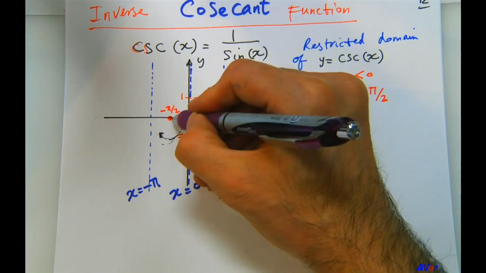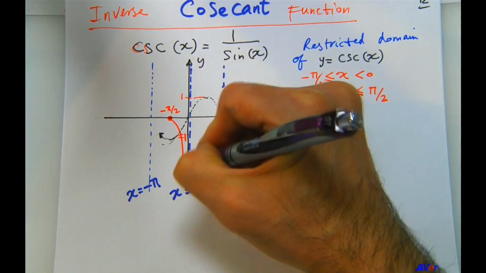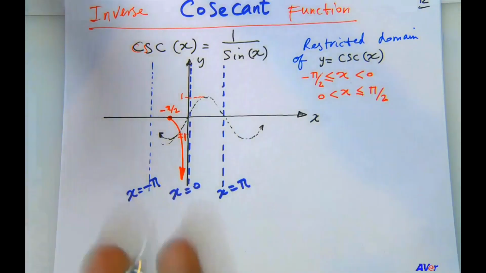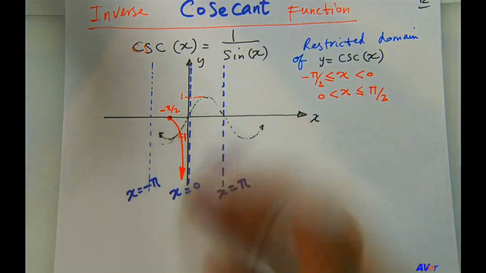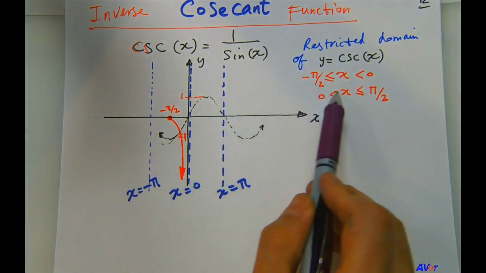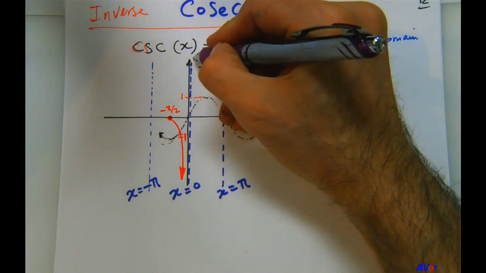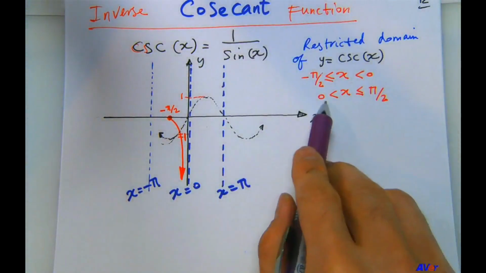So this is going to start from here and do this. That's not the inverse of cosecant function. It's the restricted cosecant function according to this domain. That's what I'm drawing. And this piece is going to be from 0 to pi over 2.